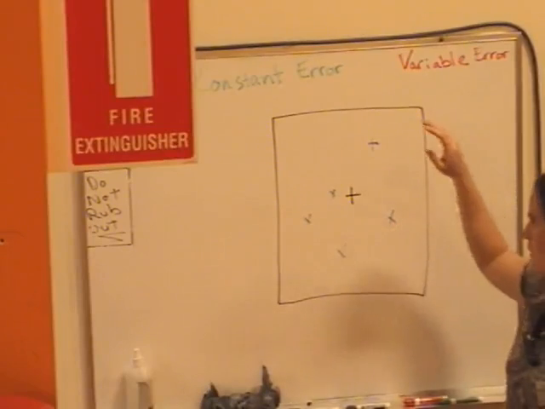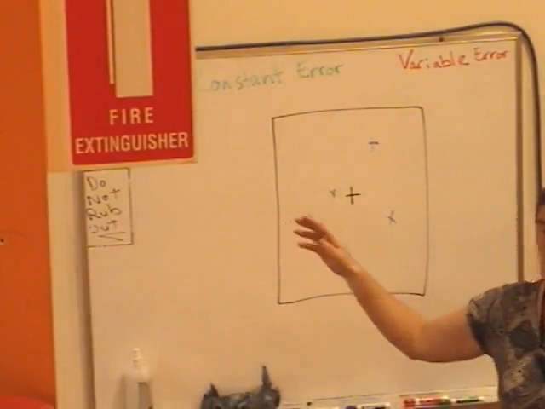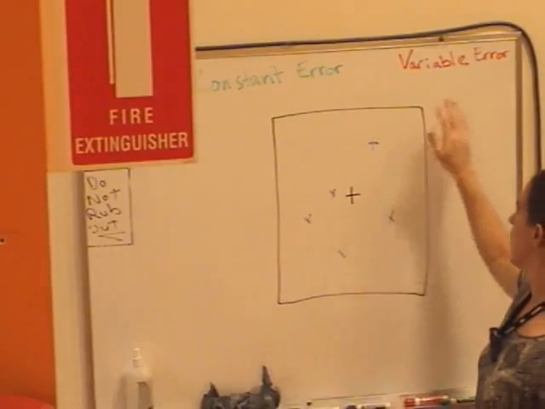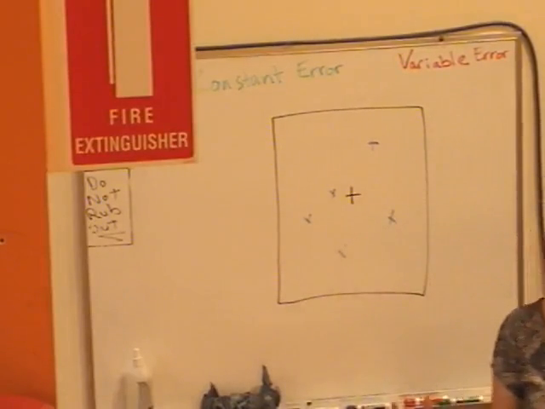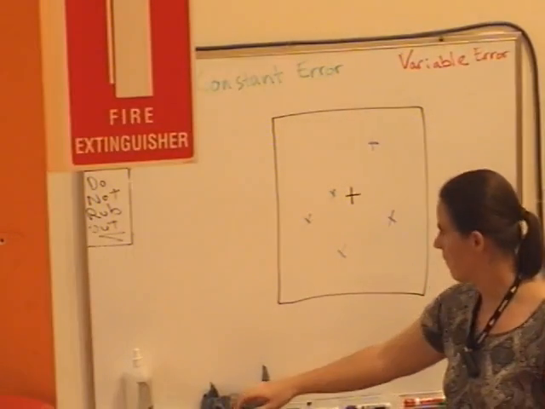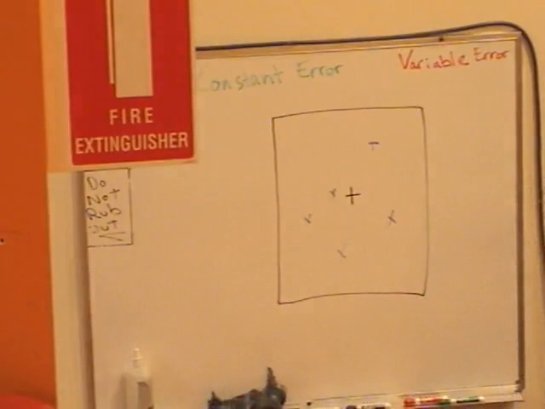So constant error is important because it typically gives a direction. And variable error gives an average of the typical. But constant error giving a direction, you basically have to define what positive and negative means.